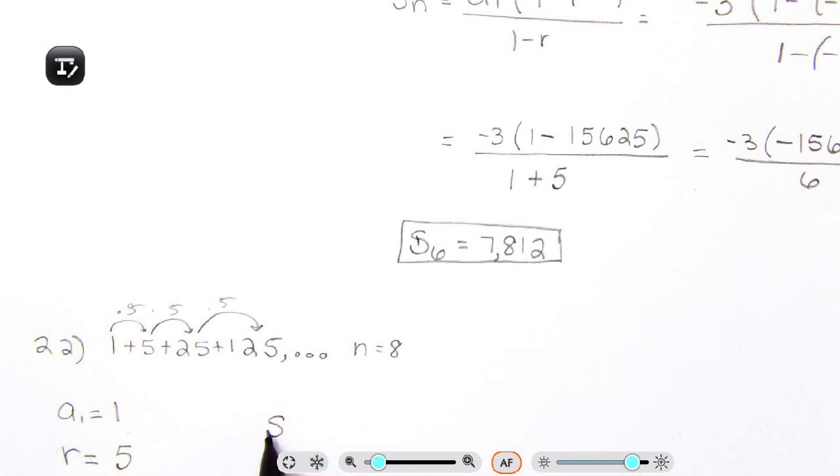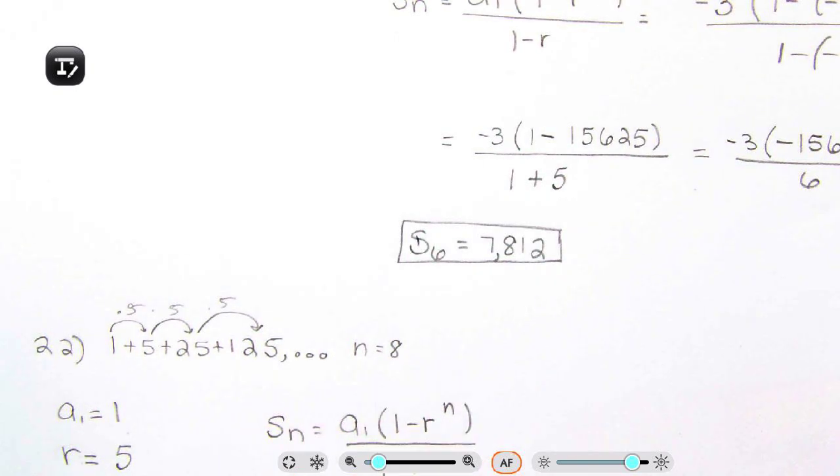Rewriting the formula, S sub n is equal to a sub 1 times 1 minus r to the n divided by 1 minus r. So then I know that S sub 8 is equal to a sub 1, which is 1, times 1 minus r.